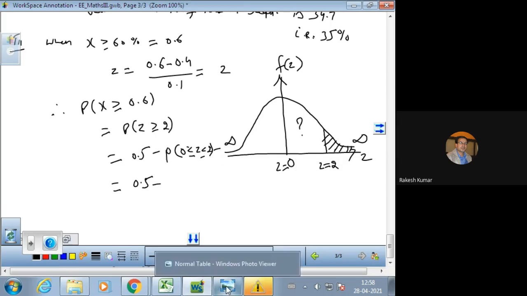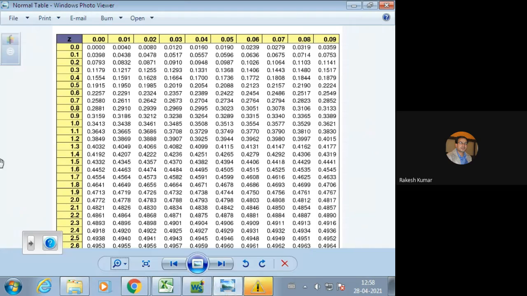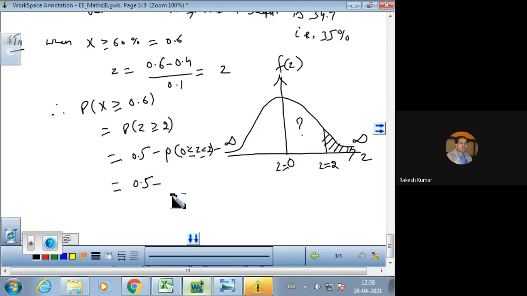Just see the table. So z equal to 2 is this value, 0.4772 under 0.00. So this is 0.4772. After subtraction, you will have 0.0228. So this is the required area.